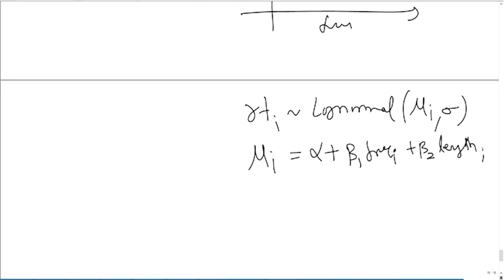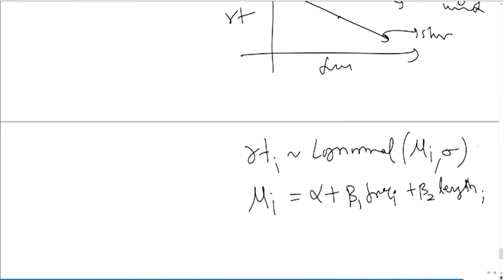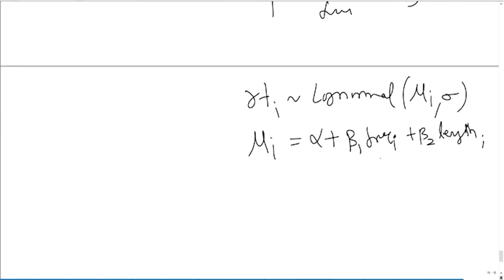Up to this point the model tests hypothesis 1 and hypothesis 2, but it does not test hypothesis 3. What was hypothesis 1? That there is an effect of frequency. Hypothesis 2 was that there is an effect of word length. But hypothesis 3 says that frequency effects are stronger for short words compared to long words. How do we test that?